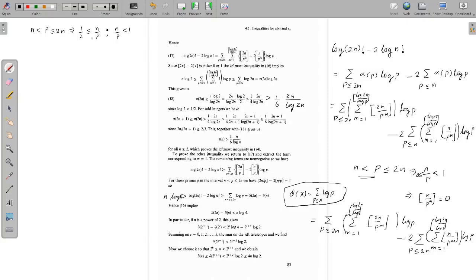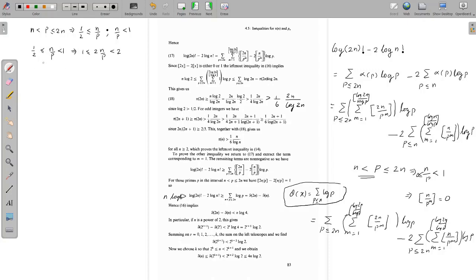This is the idea we get from these inequalities. So combining these two, you can get 1 by 2 less than or equal to n by p less than 1. Consequently, 1 less than or equal to 2 times n by p less than 2.